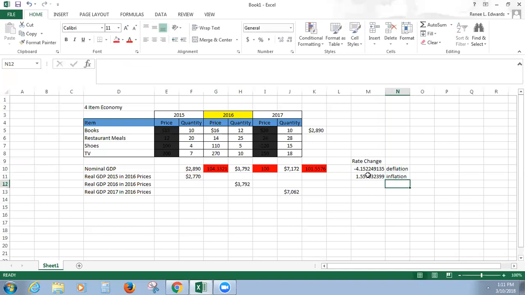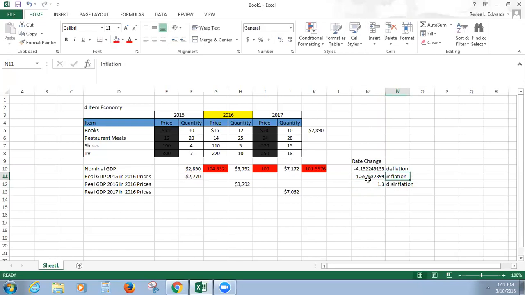The other example that I have in the book happens to be something called disinflation. All disinflation means is, let's say I had another year and the rate change was less than 1.5, like 1.3. 1.3 is still positive, so it's inflation, but because it's not as high as the previous year, we call that disinflation.